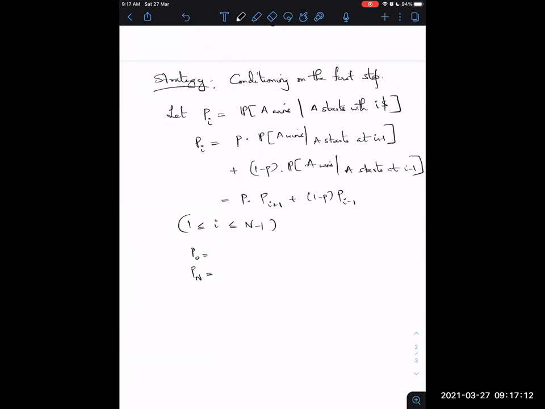Can you look at the definition and tell me what the values of P0 and Pn are? So what is P0?